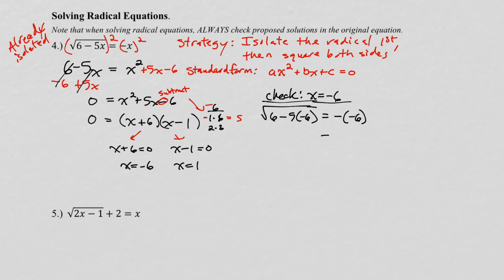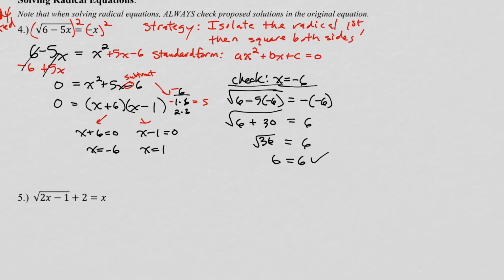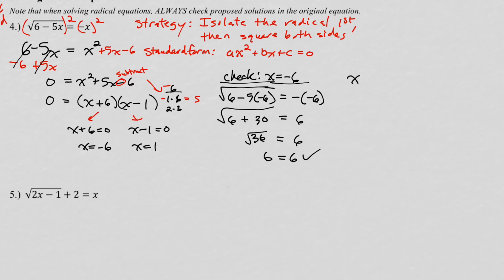Okay, so the right side is the easiest. That's going to be +6. The left side is going to be 6 plus 30, which is 36. And that checks out. Okay, so he's definitely a solution. So let's check out the other one.